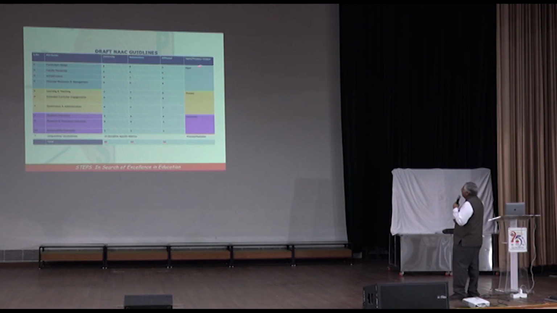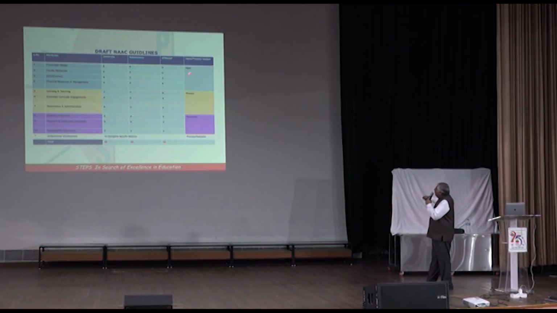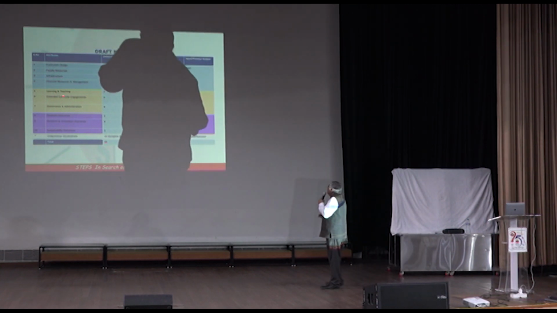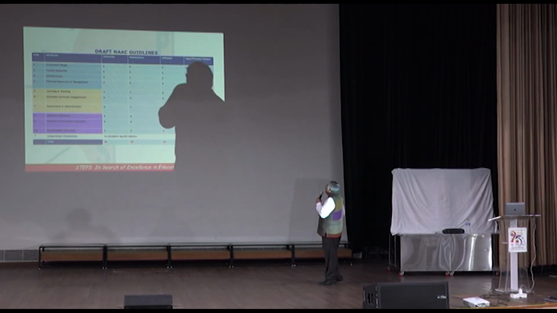So here again, in the video we saw input, output, process. So NAC has also come up with input, process and outcomes. Input is curriculum design, faculty resource, infrastructure and financial resources and management.